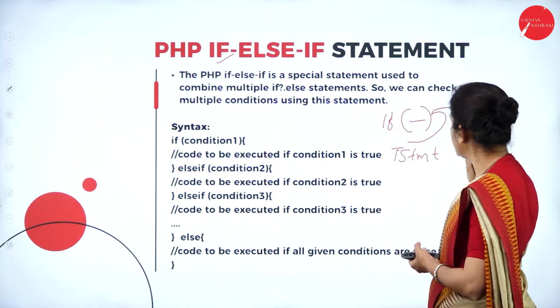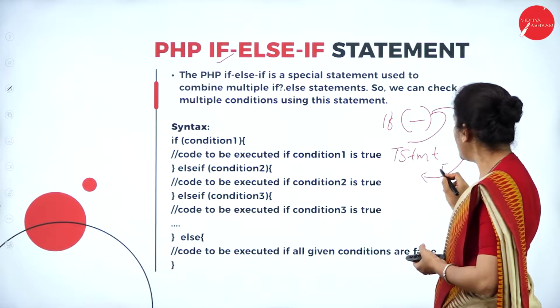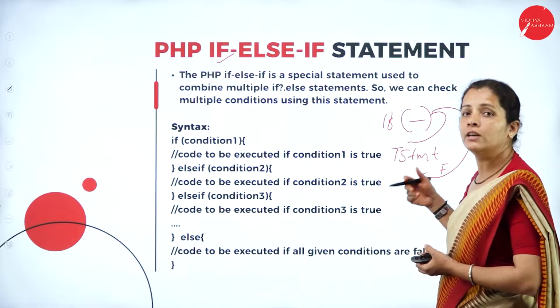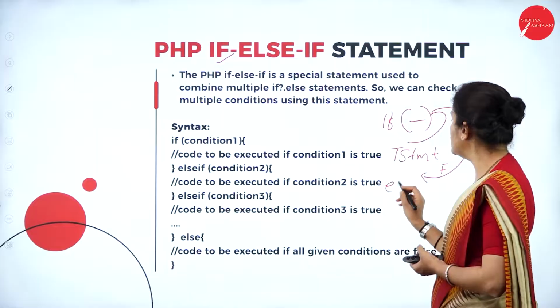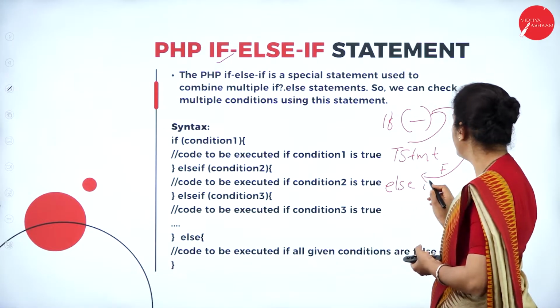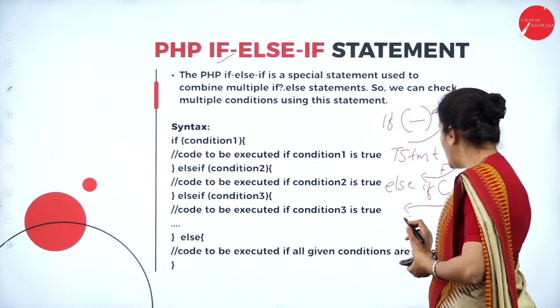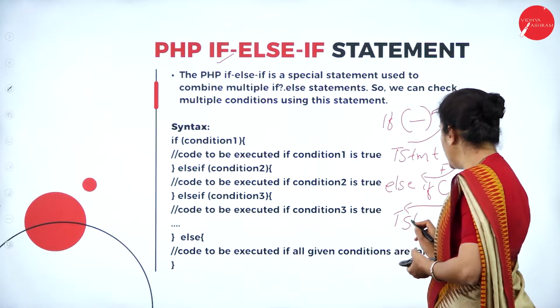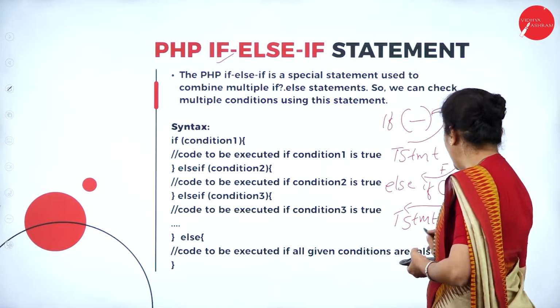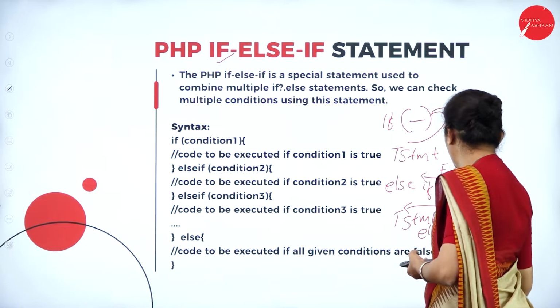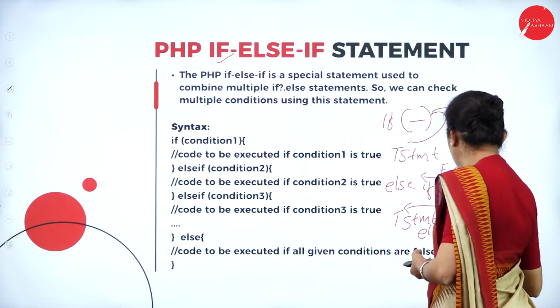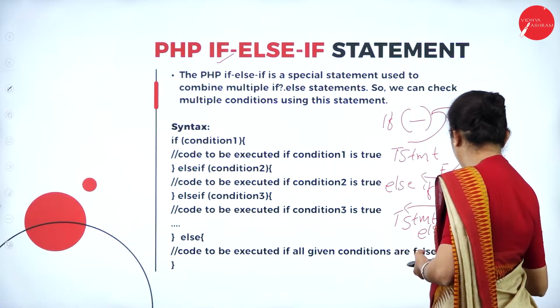Suppose the condition is false, what am I going to do? I'm going to write the condition once again, that is else if. If this is true, I'm going to have the true statement, else I'm going to have the false statement.